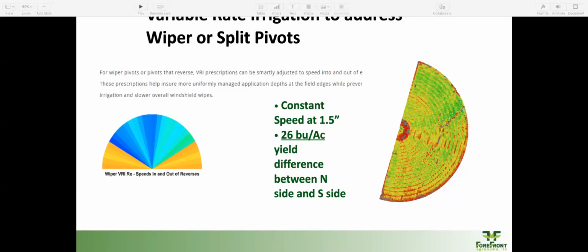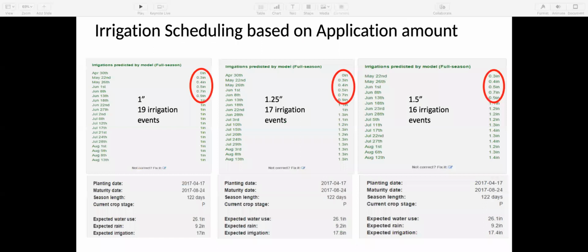Number one, we'd be able to even that yield out by spreading the water out accordingly. We're not overwatering in any part of the field at any given time, so we're not dealing with pivots getting stuck. And ultimately, what we've seen is an increase in yield because of what we've been able to accomplish there.